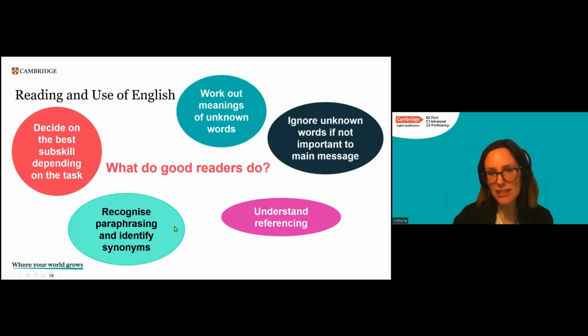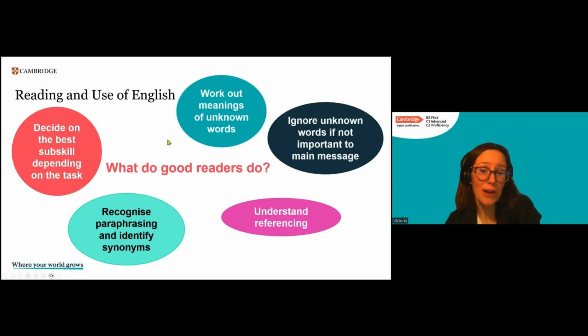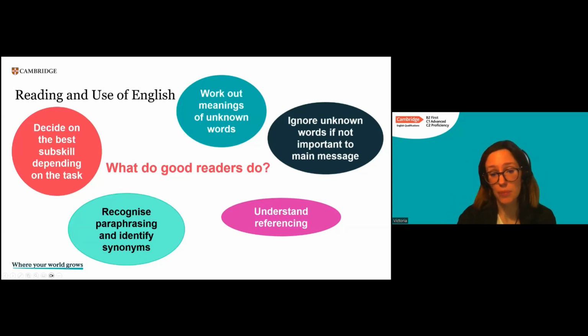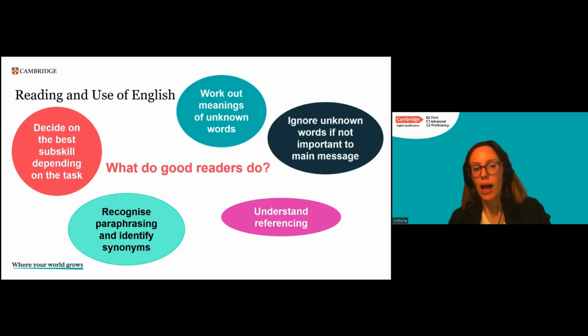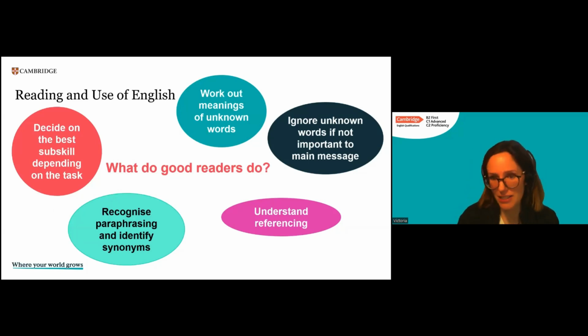So all these aspects characterize good readers, and these are different abilities that it's good that we try and develop when we are preparing for our exam, because really they are skills for life. They are skills that we will need when we go to university, when we are working, when we are carrying out our daily life activities.